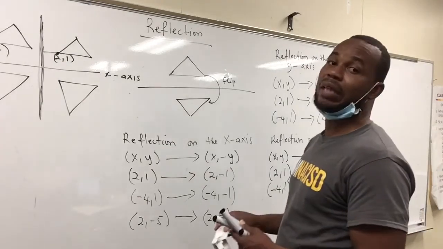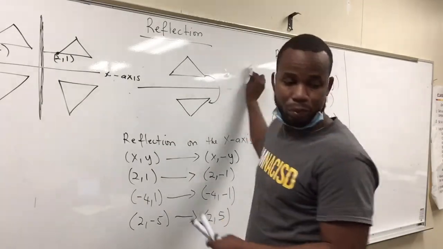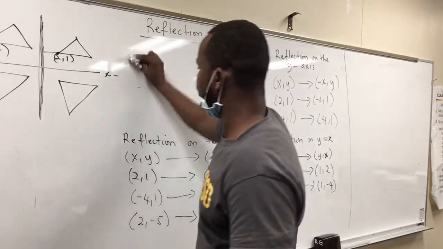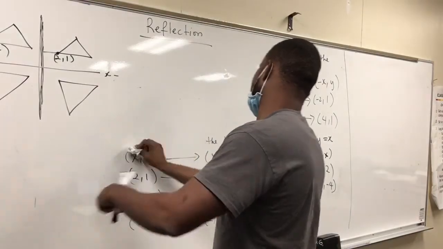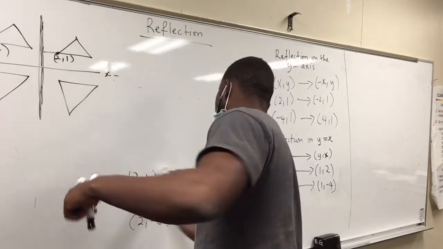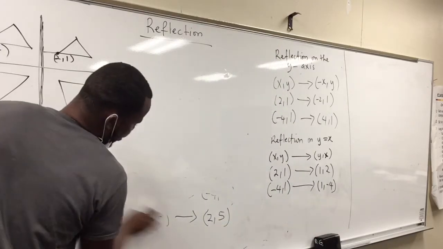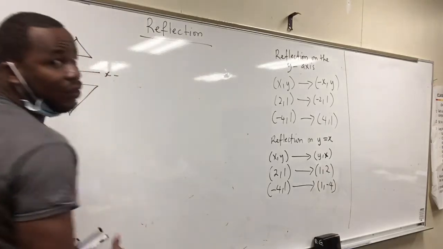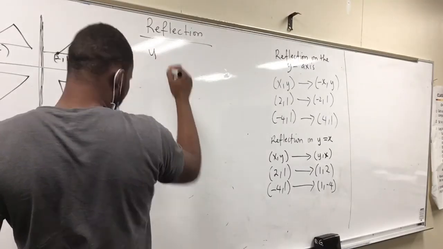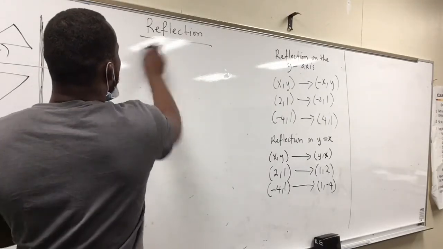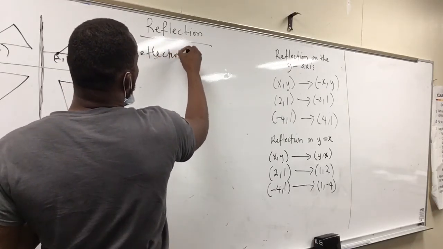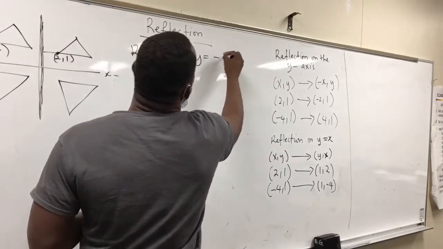Now, the last type of reflection we will be talking about today is reflection when y is equal to negative x.